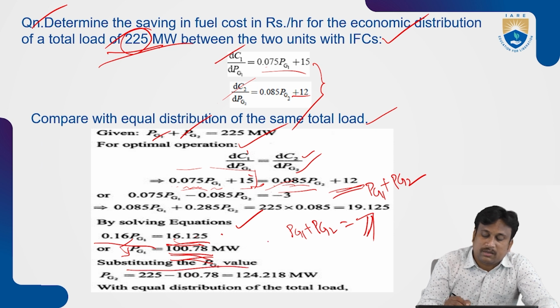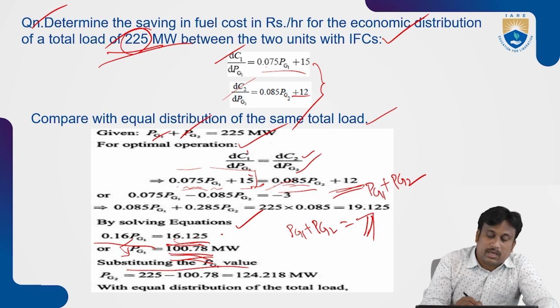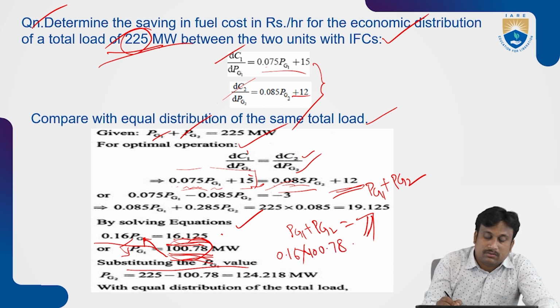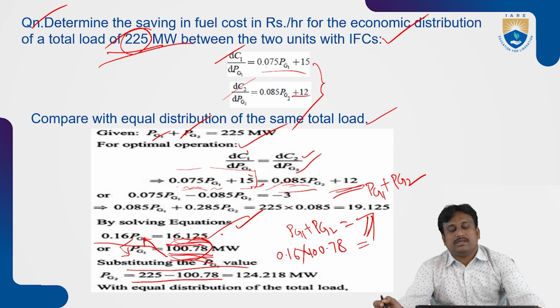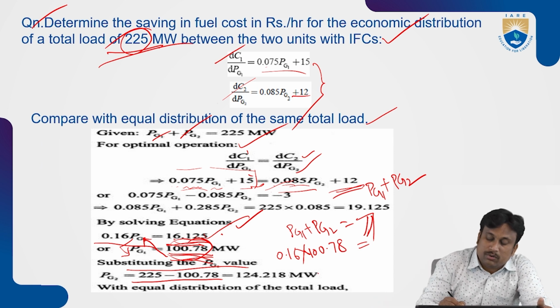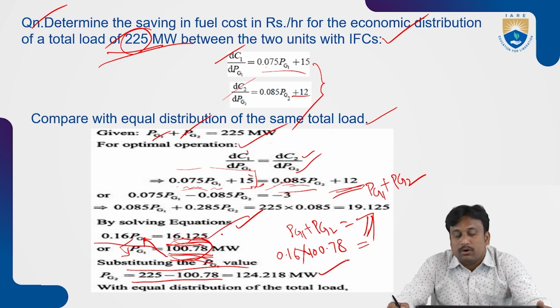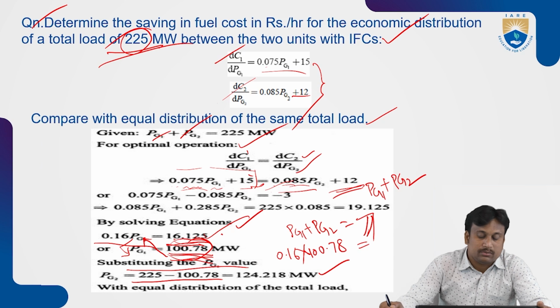Now substituting the PG1 value, you obtain PG2 as 225 minus 100.78, which gives about 124.218 megawatts.